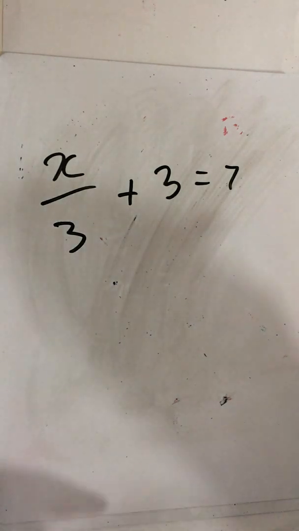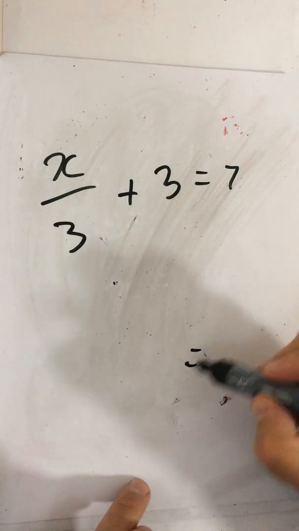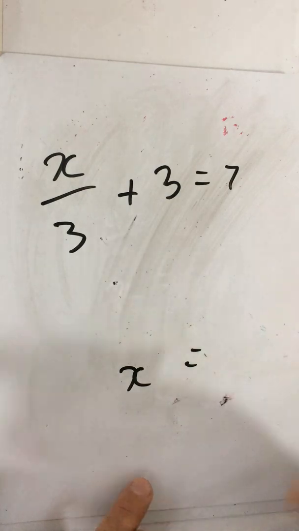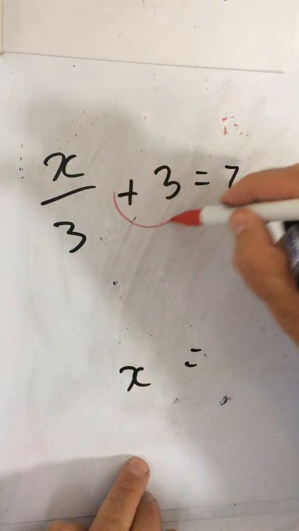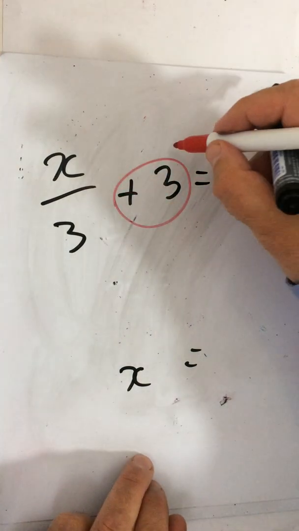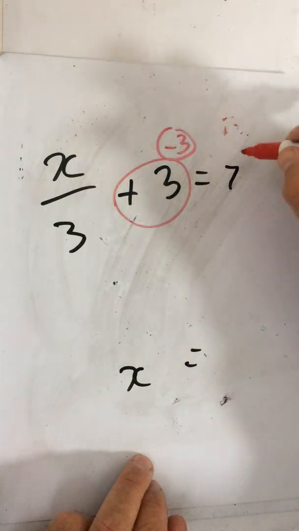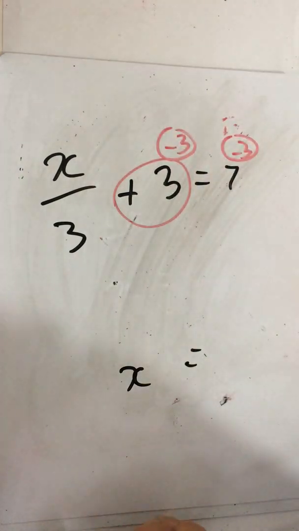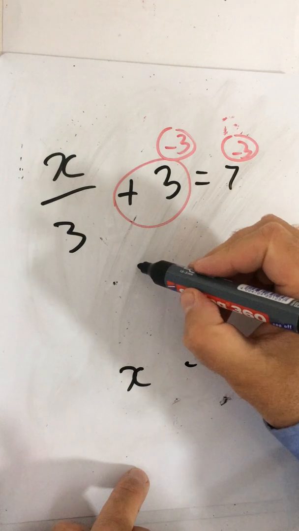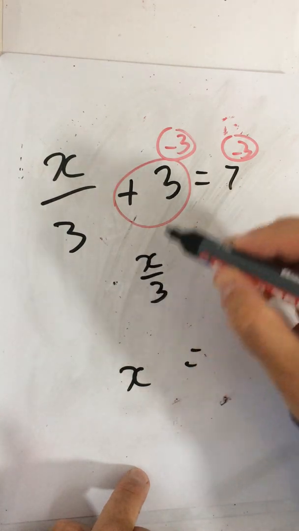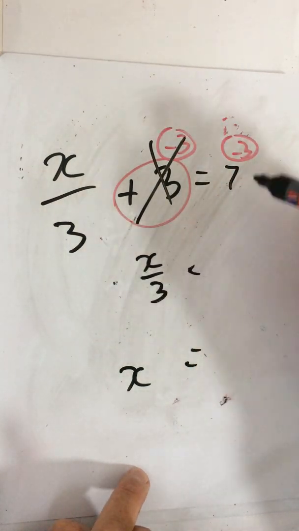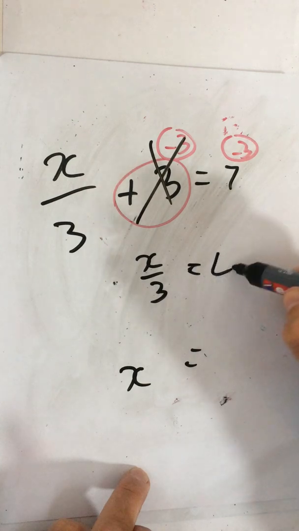So the first thing I want to get rid of, I want to be left down here with x equals 7. So I need to get rid of this plus 3. To get rid of that, I take 3 away. It's the balance method. I take 3 on the other side, okay? So now I'm left with x over 3, because I've got rid of that. 7 equals 4.